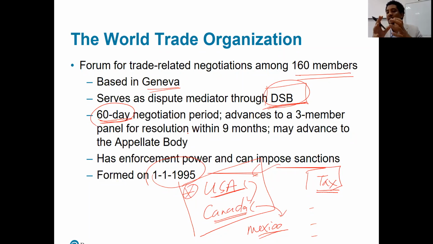So that company in Ethiopia is not forced to abide by WTO rules, because Ethiopia is not a member of the WTO.